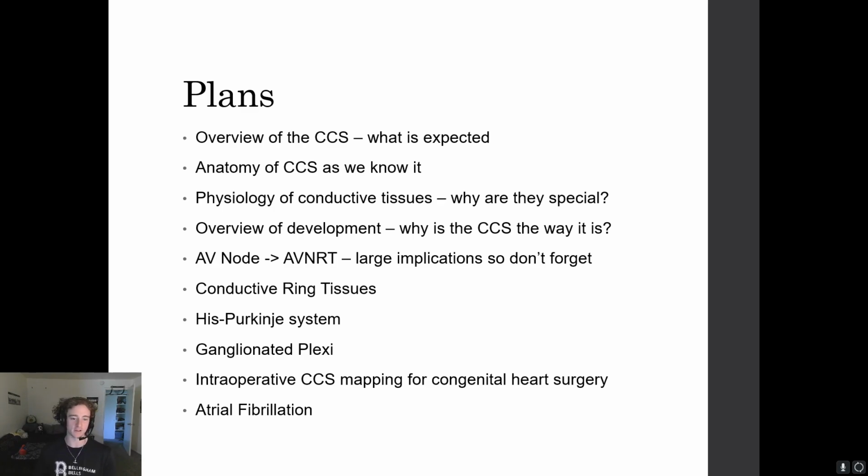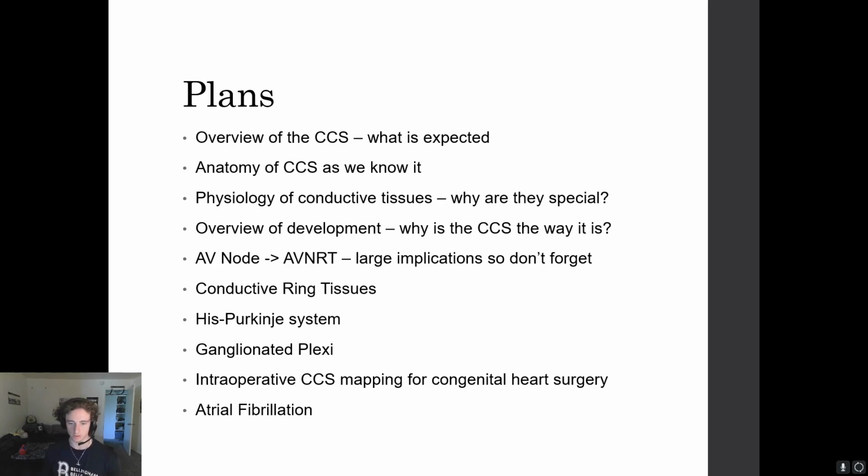So we have to understand some of the development of the heart to understand why the conduction system is the way it is. After that, we'll be talking about the AV node, going more into depth on the structure of the AV node, how it works. After we talk about that, we'll be talking about what's called the AVNRT, or atrioventricular nodal reentry tachycardia.